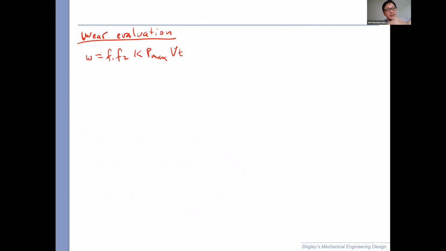Now Pmax you can substitute with 4F over pi dl, etc. But what I want to talk about here is first the concept of the formula, right? The wear is proportional to K, which is the wear factor.